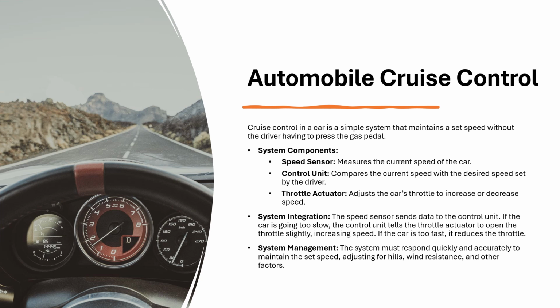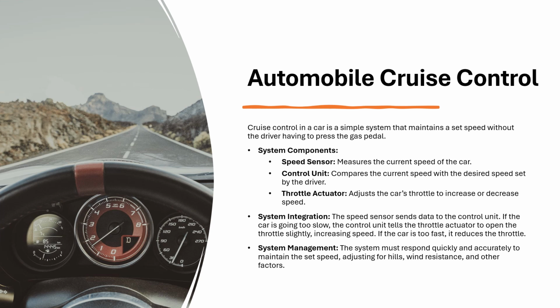So the driver sets a speed, say you travel at 50 or 60, and then the current speed is compared. If it is lesser, then it will accelerate. If it is more, then it will brake. Depending on what the user has set, it will try to maintain that speed. The throttle actuator adjusts the car's throttle to increase or decrease the speed. So these are the three main system components.